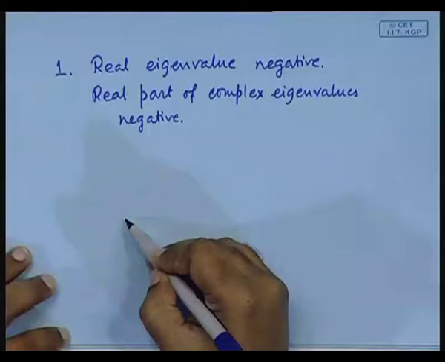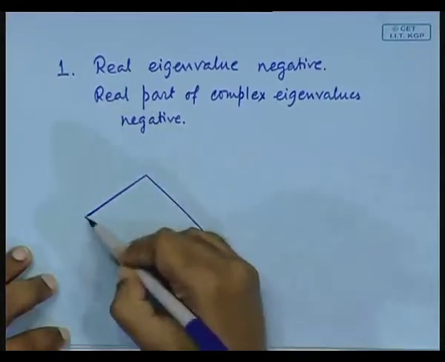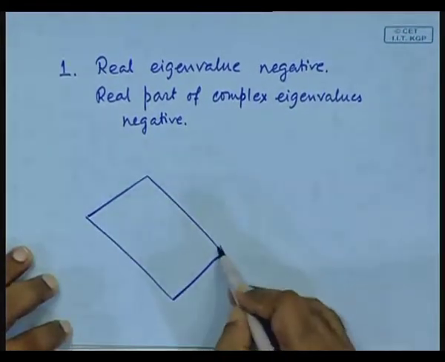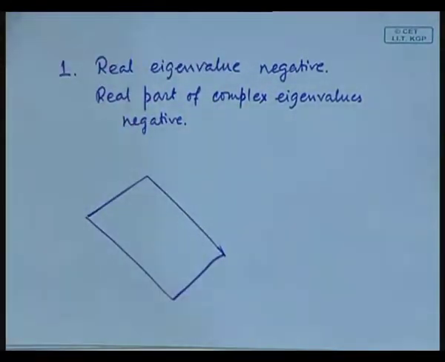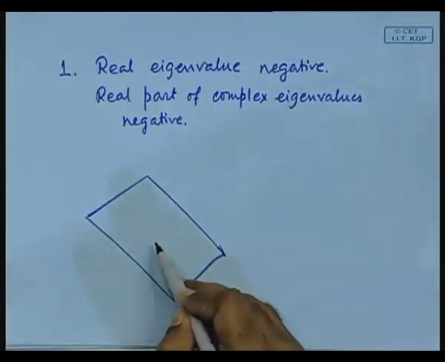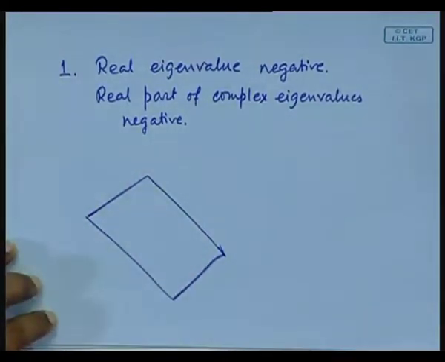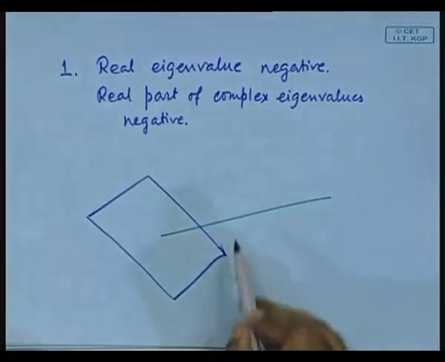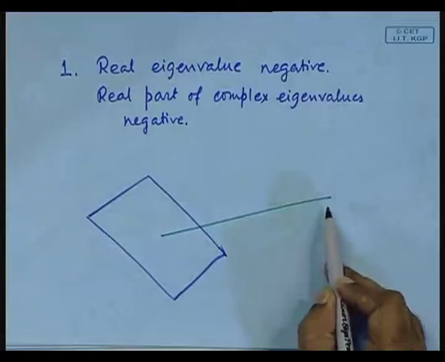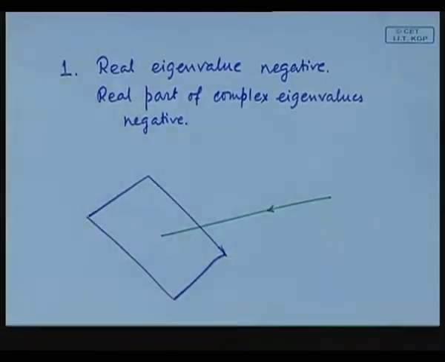It is not exactly like a screw, though. Suppose you have this plane as the eigen plane, evaluated the way I have just shown, the eigen plane associated with the complex conjugate eigenvalues, and suppose this is the real eigen direction.